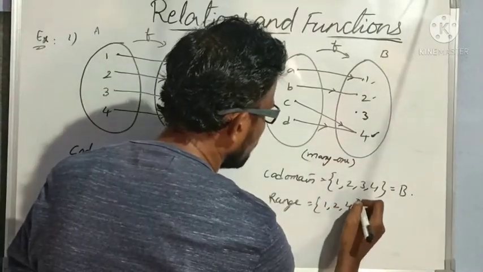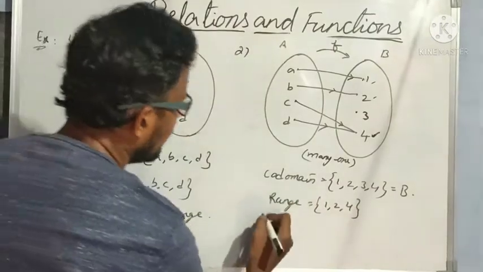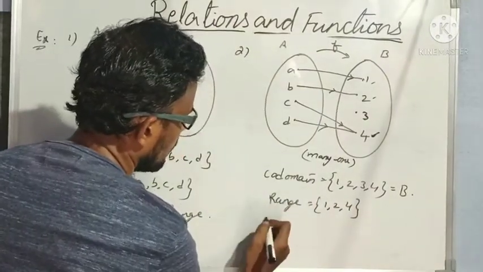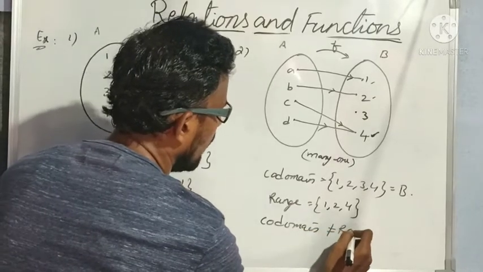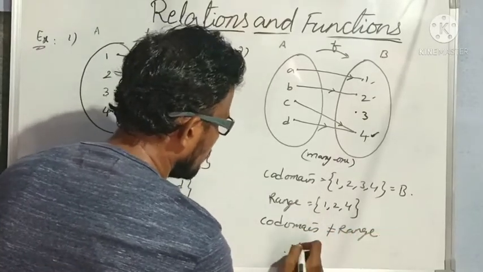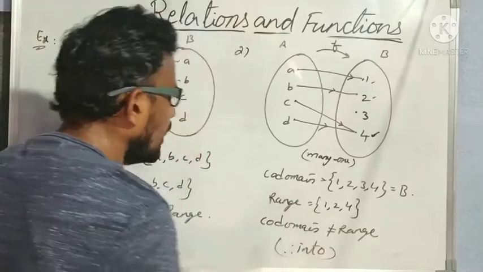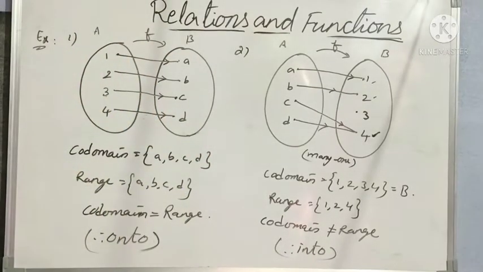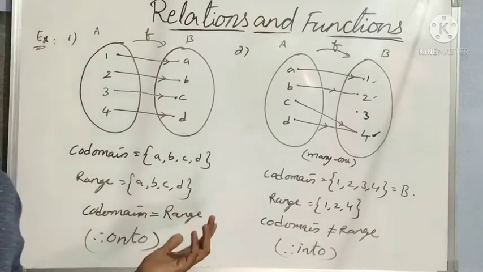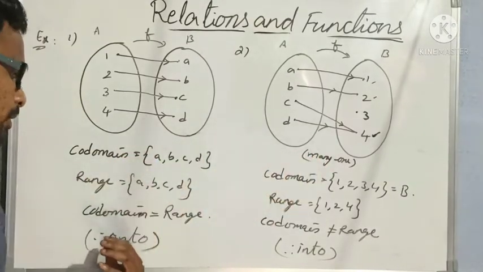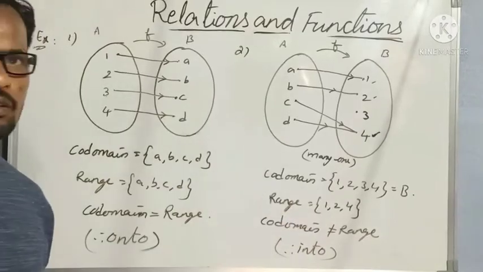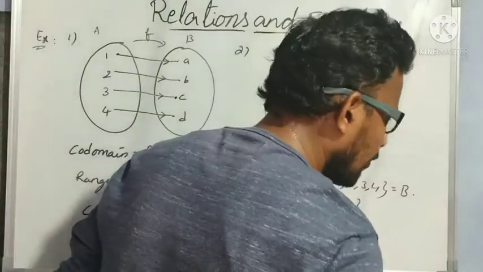So 1, 2, 4 is the range. Is the codomain equal to range here? In the second function, the codomain is not equal to range. Therefore, such a type of function is called what? Into function. At least now everybody understood what is a one-one function, many-one function, onto function and into function. These are the types of functions.